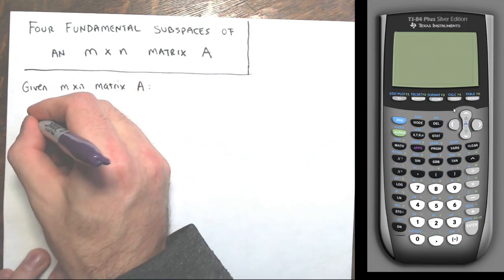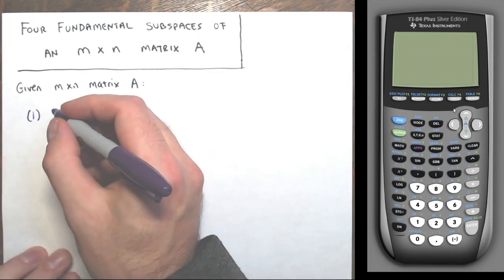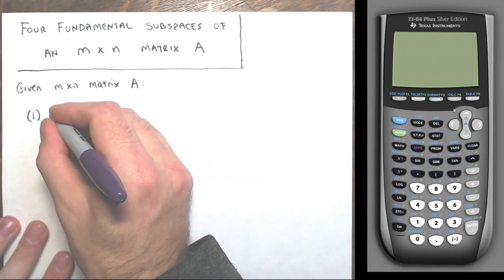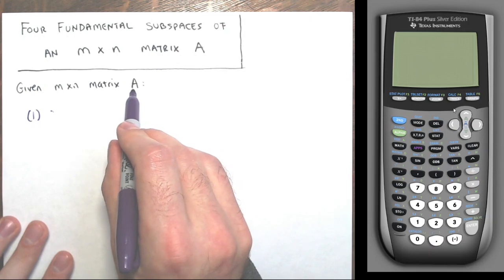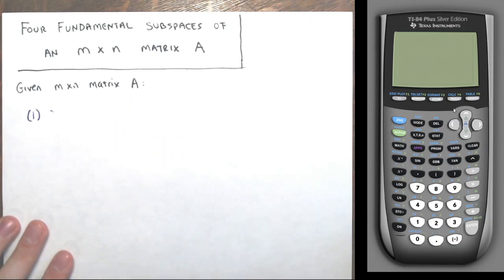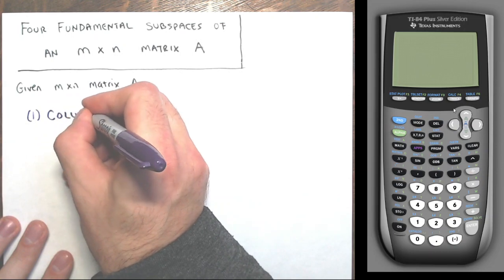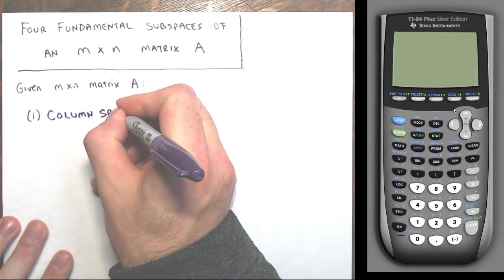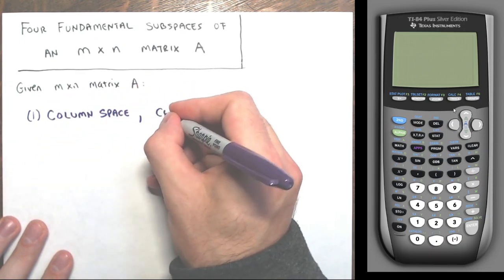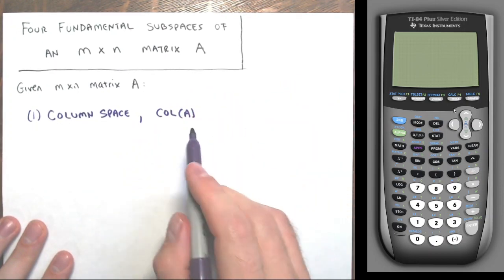These four fundamental subspaces, two of them related to just leaving A the way it was, and the other two were related to A transpose. So one was the column space of A. And this was the span of all the columns, right?